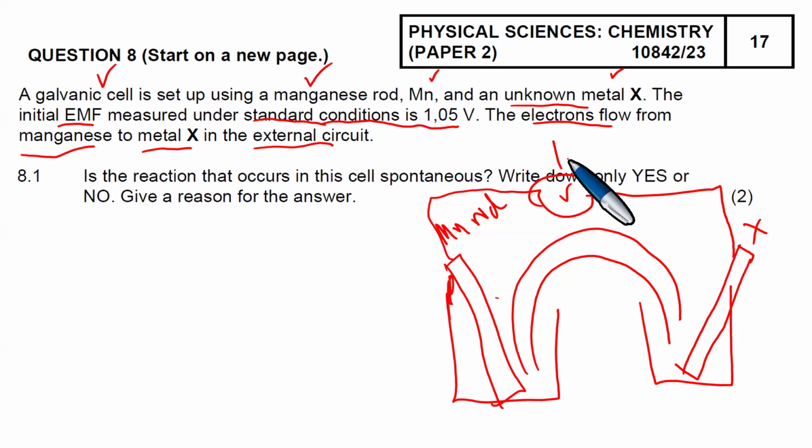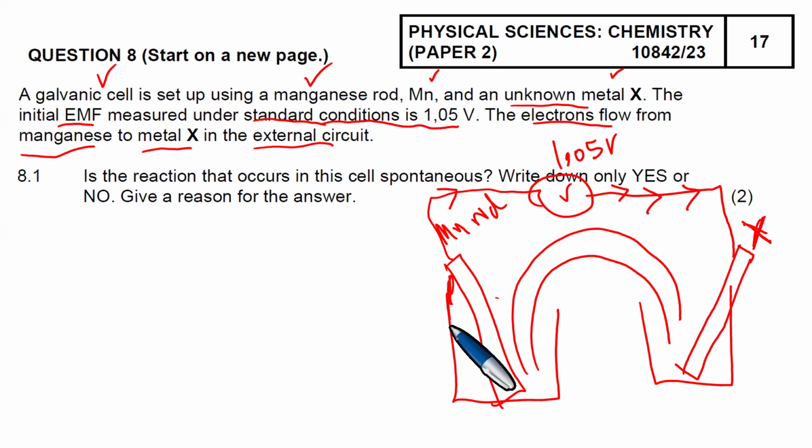And it is 1,05 volts. The electrons flow from manganese. So if this is manganese, the electrons begin flowing from manganese to metal X. They flow in that direction to the metal X. This is the metal X.